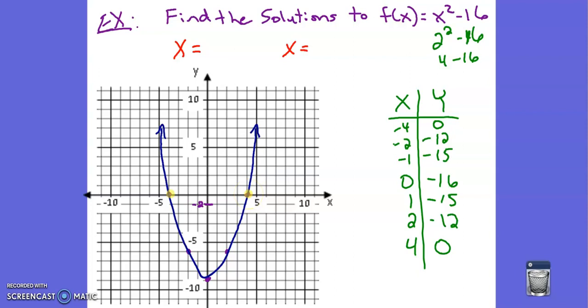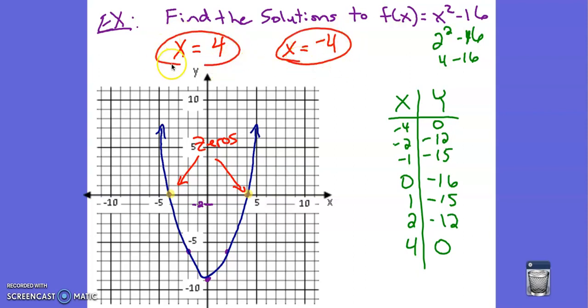It hits the x line at positive 4, and it also hits it at negative 4. Those are your zeros, or your x-intercepts. So the solutions are x equals 4 and x equals negative 4. You can see it on the table as well, that's where the zeros are.